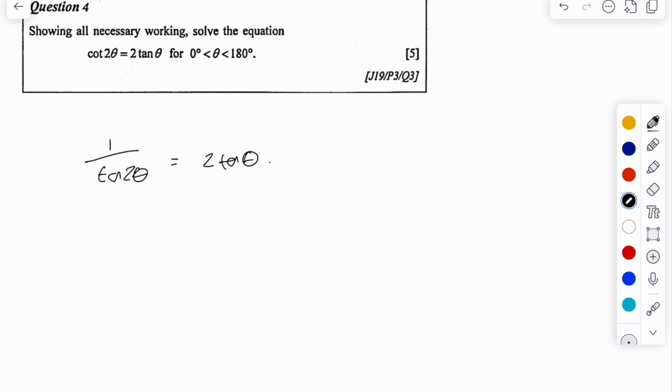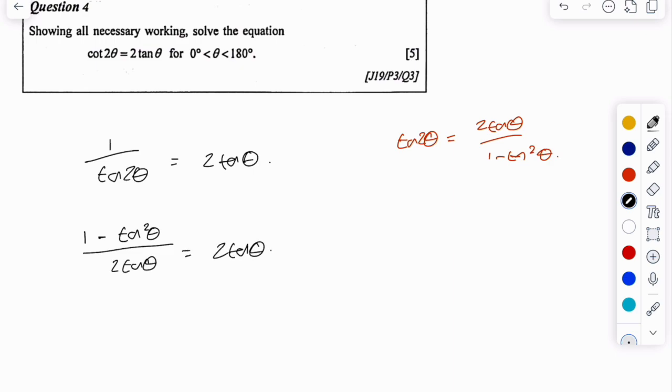Which means, using our tan 2 theta formula, which is 2 tan theta over 1 minus tan squared theta, that means we get 1 minus tan squared theta over 2 tan theta equaling 2 tan theta, right?